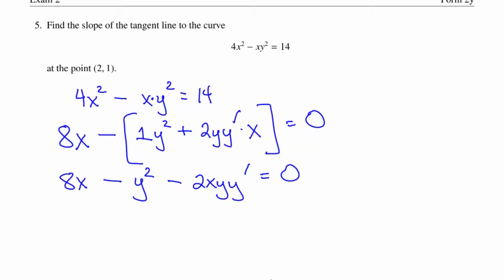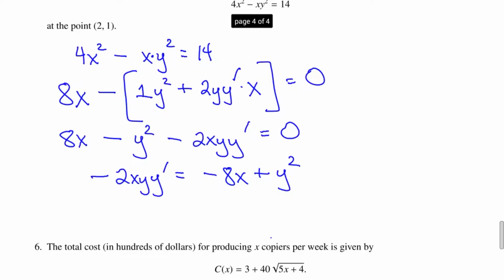And we're going to solve for y prime. So I have two terms that do not have y prime in them. So I move those two terms to the right side. Now divide by the coefficient. The coefficient is negative 2xy.